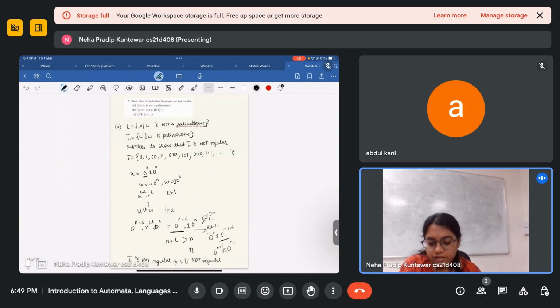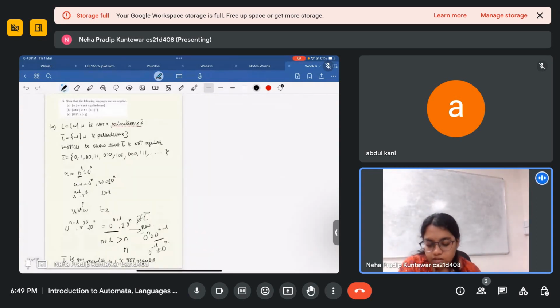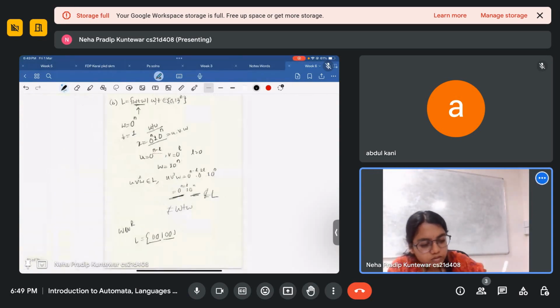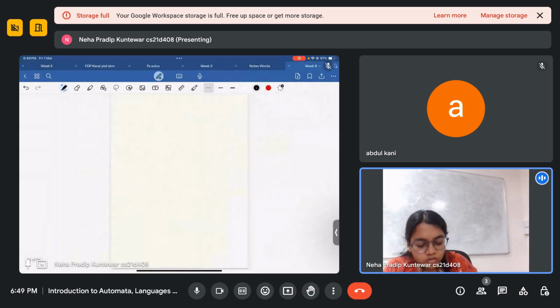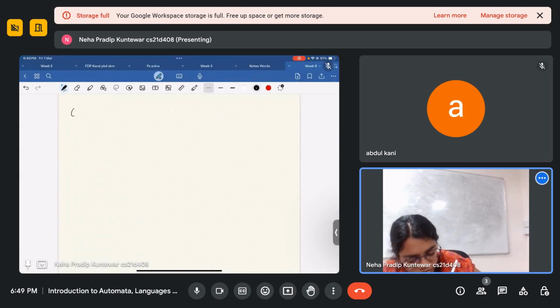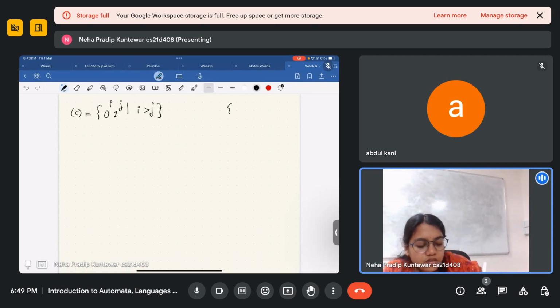Okay, then next let's look at this. This is a slightly trickier one. C is the set of all strings of the form 0 to the i, 1 to the j, such that i is greater than j. Notice that we know that the strings of the form 0 to the n, 1 to the n for n greater than or equal to 0, this is not regular.